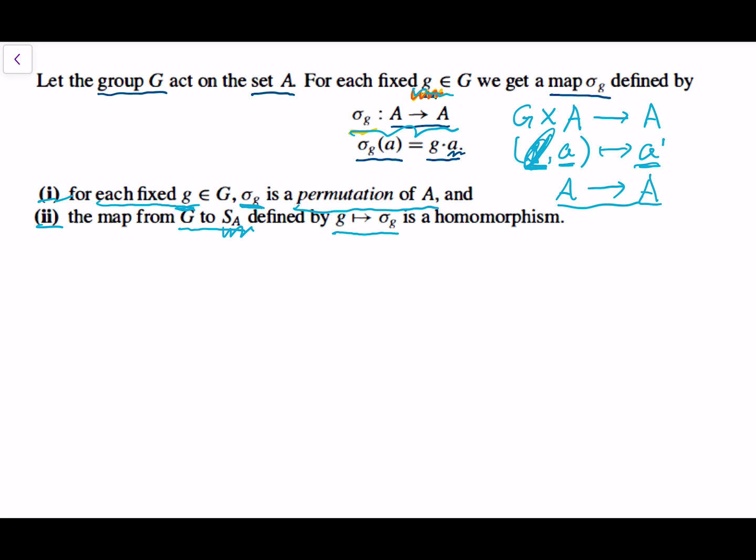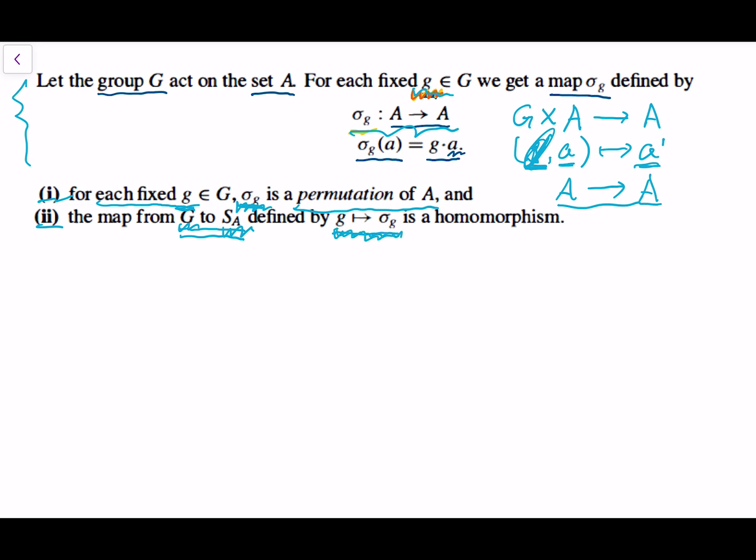And then, according to the definition above, we know that each sigma g is defined based on one element of the group G. So that is why we have this map from G to the symmetric group S_A, and this map is defined like this.